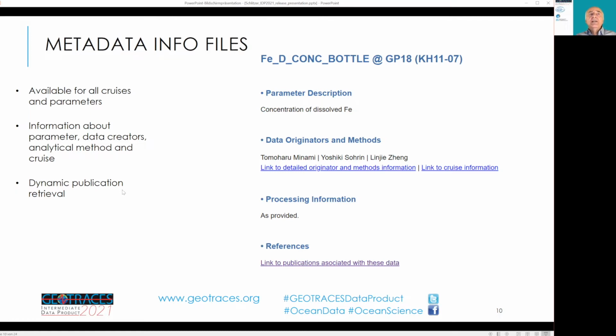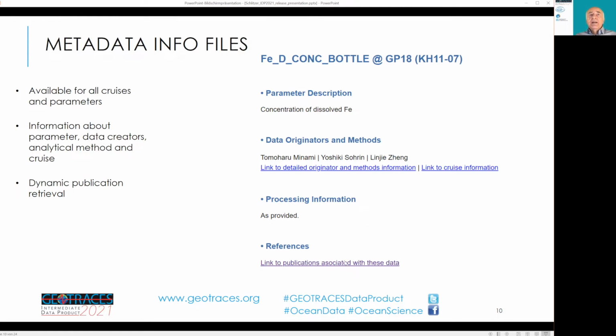So even in a year's time, when you click on the publication retrieval, you will get even the most recent publications. This here shows an example info file: the description of the parameter, names of the originators, links to the analytical methods, a link to the cruise report here, and processing information, if some processing was done at the data assembly center.